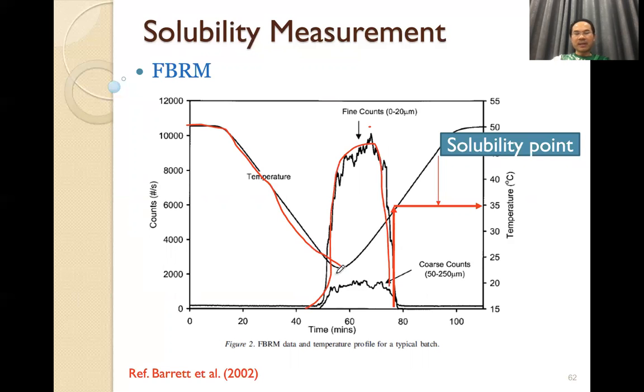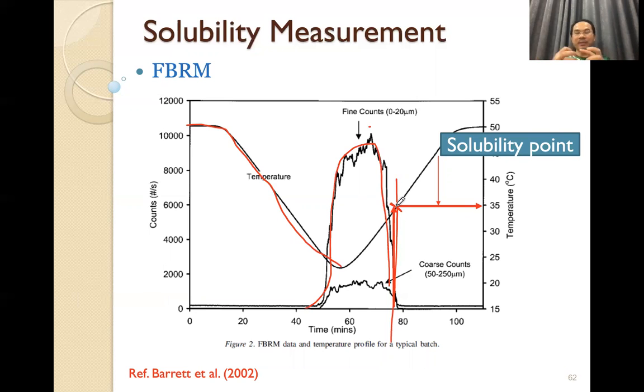measurement. After you heat, the FBRM signal drops rapidly to 0. That is the point you can assign; it's 0 at this point. This temperature is the saturation or solubility temperature.